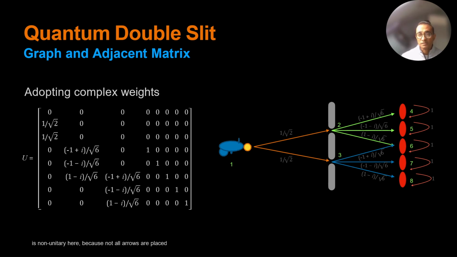Now, to make it simplistic, we have not drawn all the arrows from slits 2 and 3 in all various combinations. Therefore, this matrix, which represents the amplitude coefficients, is non-unitary in nature. But if you draw it further with all the combinations, it will tend to become unitary.